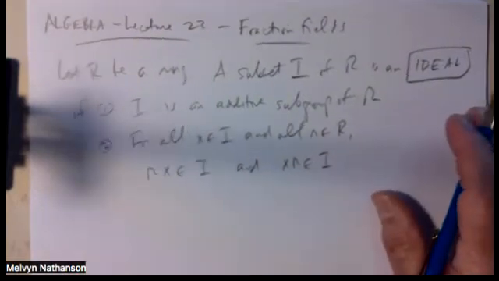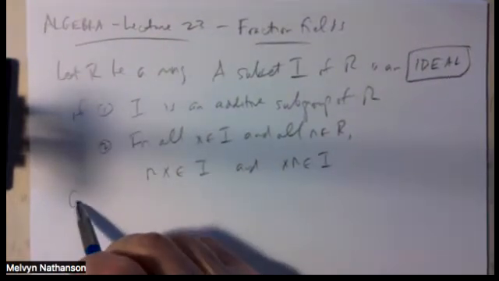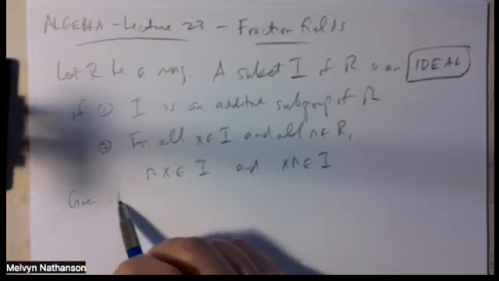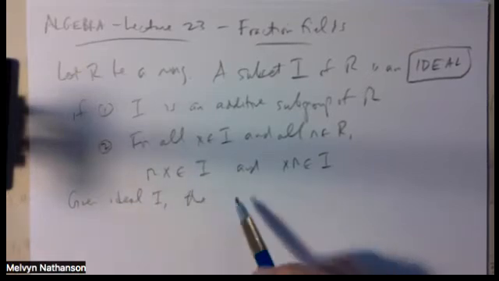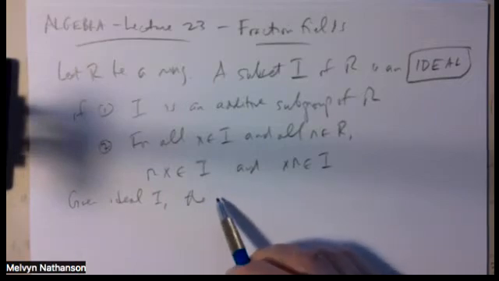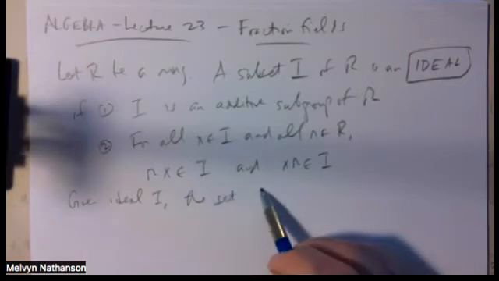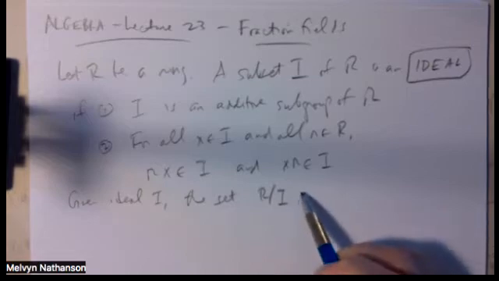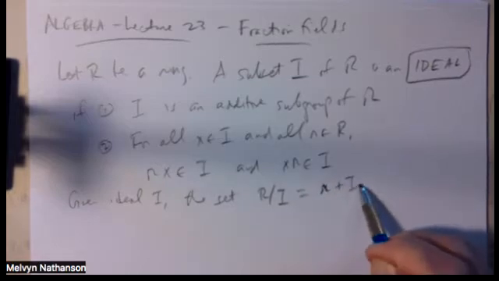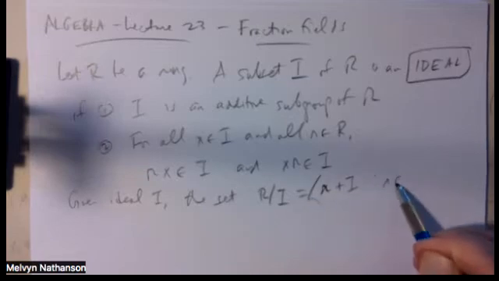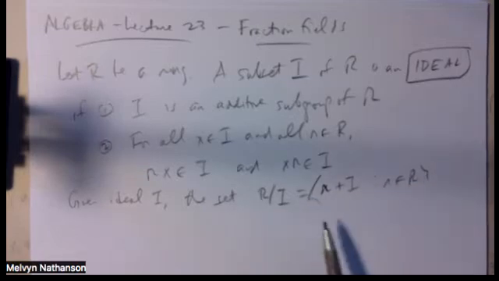And given an ideal I, the set of left cosets R mod I, which is the set of everything of the form r plus I for all r in the ring, we know is an additive abelian group. This is the quotient group.